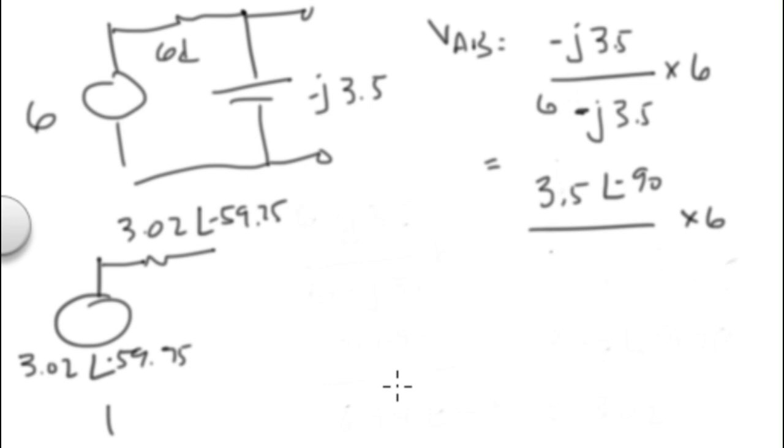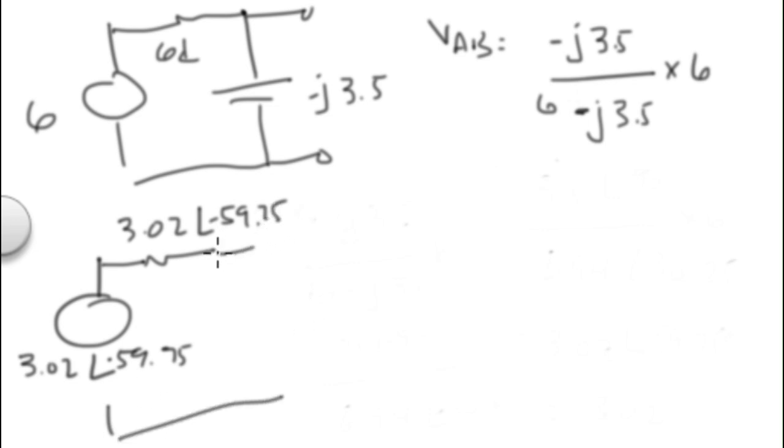Okay, so now we have our Thevenin equivalent circuit and we add our L back in. Say, can you do this? Yes, you can. So this is J4K.